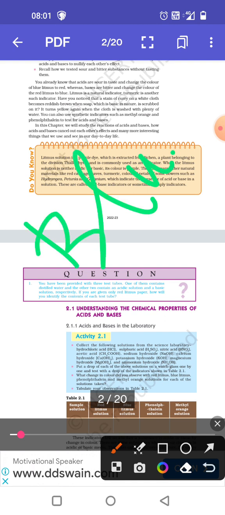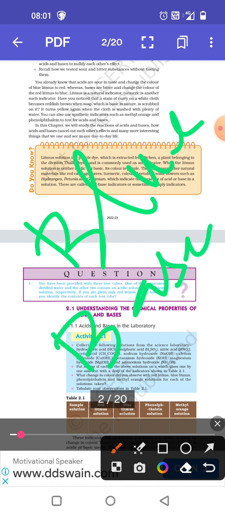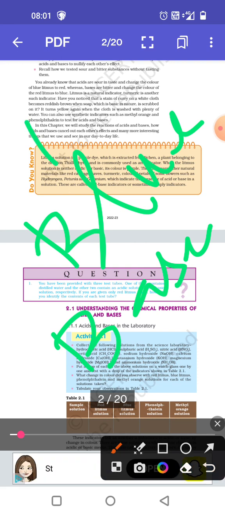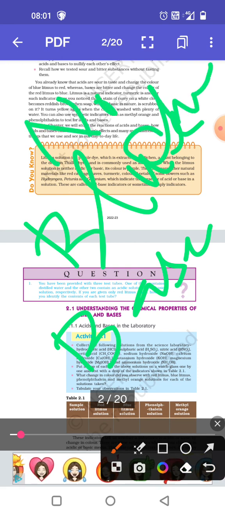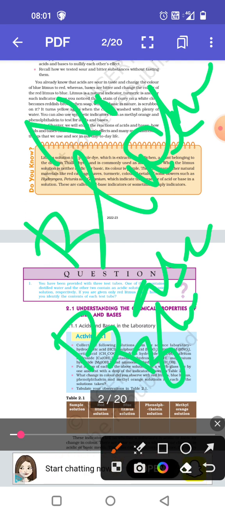If it turns red litmus blue, we can say that the solution is a base. Okay, students? In case of acid, red litmus shows no change. Similarly, in case of base, blue litmus shows no change.